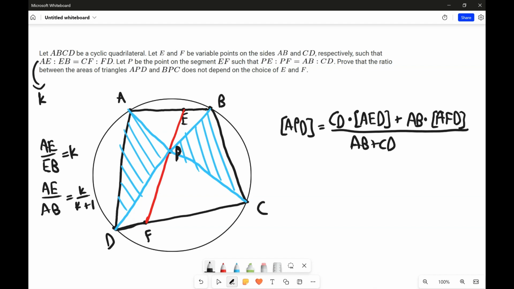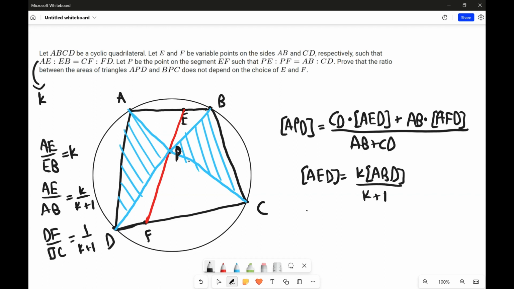And similarly, DF over FC, or DC for that matter, is equal to 1 over k plus 1. So therefore, the area of AED is equal to k times the area of ABD over k plus 1. And similarly, the area of AFD is equal to the area of ACD over k plus 1.